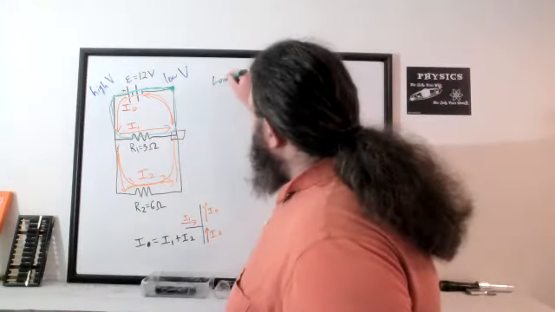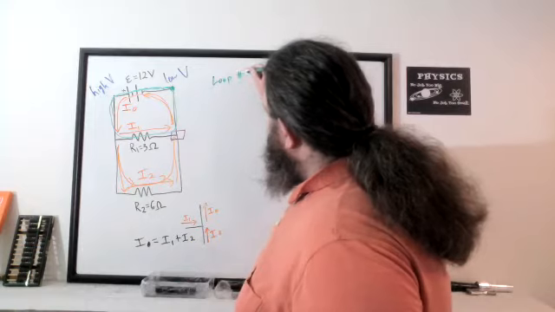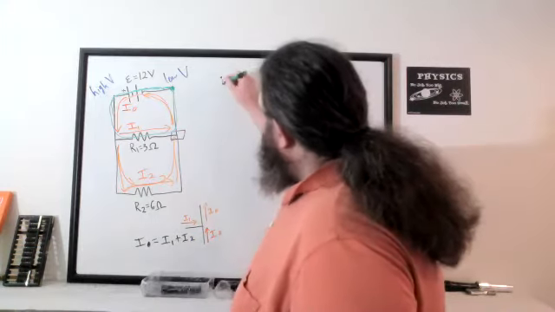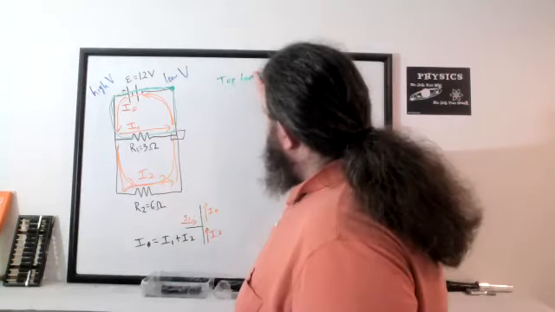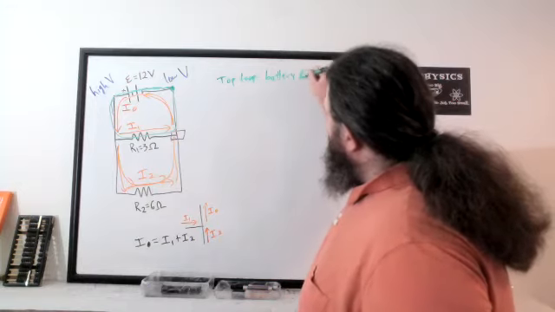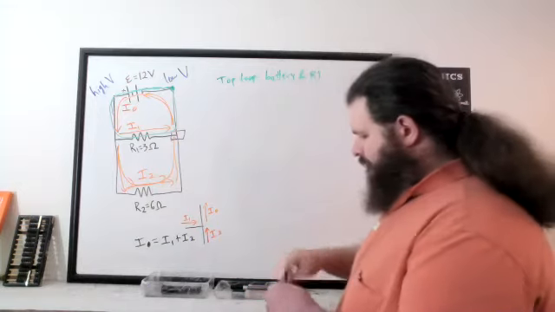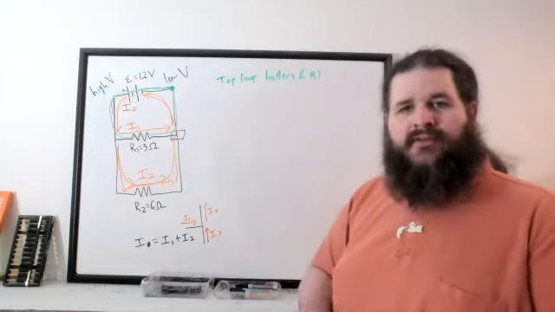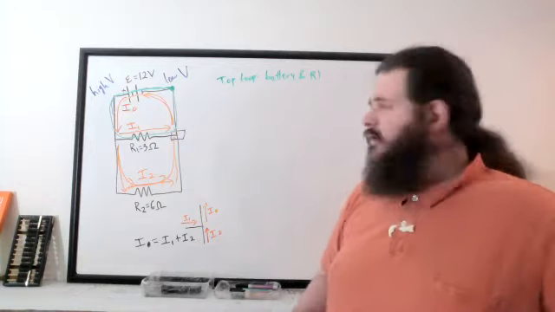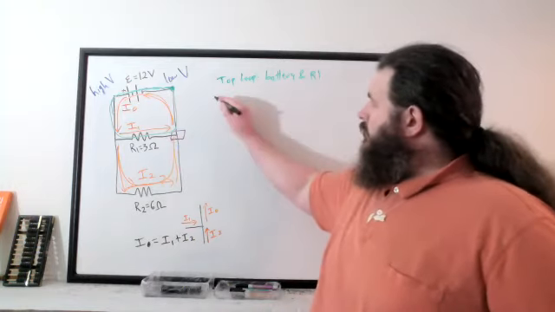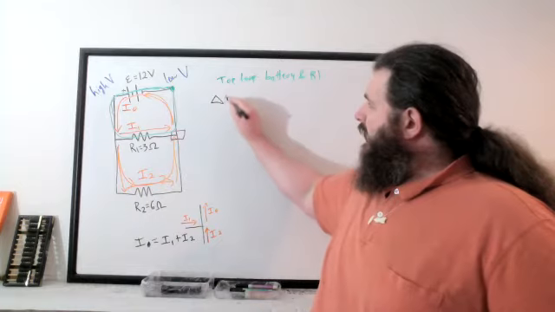So for loop 1, let's say this is the top loop. Battery and resistor R1. So if we write out Kirchhoff's voltage law, the loop rule for that loop, we've got battery and resistor 1. So those delta V's have to add up to 0.